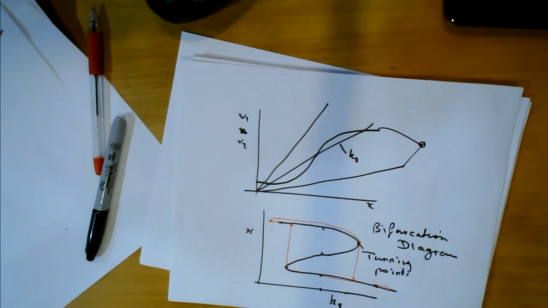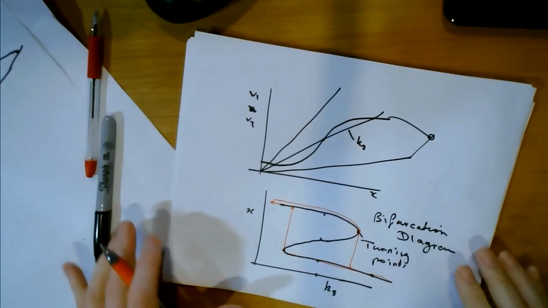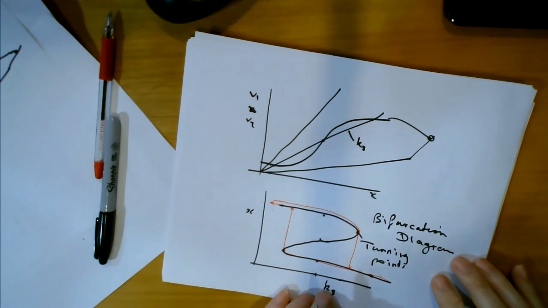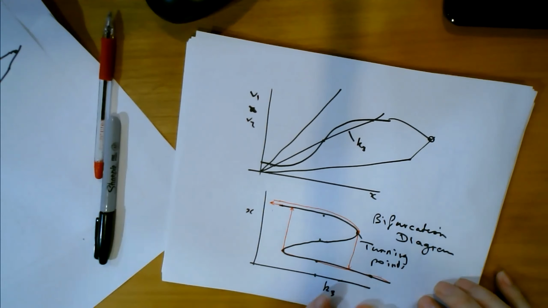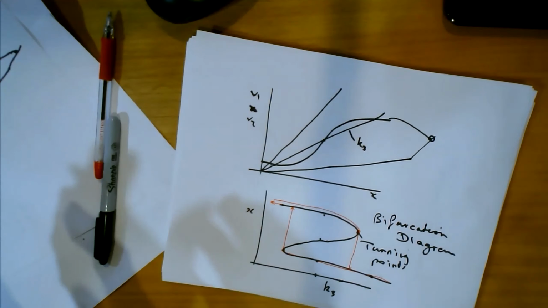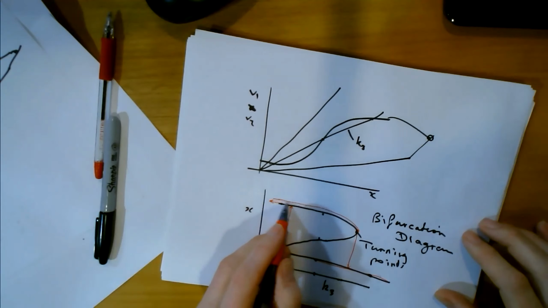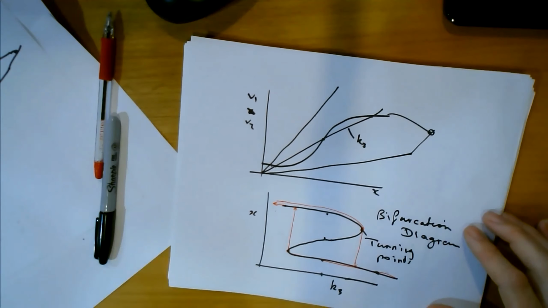Now, this is an odd thing because the behavior of the system depends on whether I increase K3 or decrease K3. So it's not the actual value of K3 that counts, it's whether I'm starting from a low value and increasing or starting from a high value and decreasing. Depending on which one I do, I get a different route.